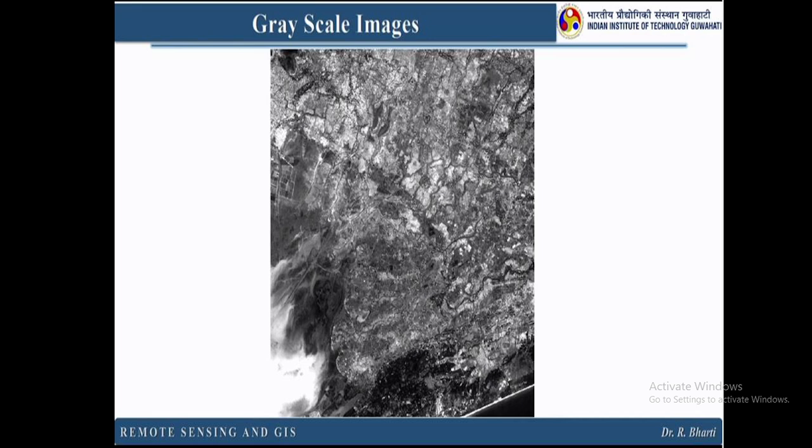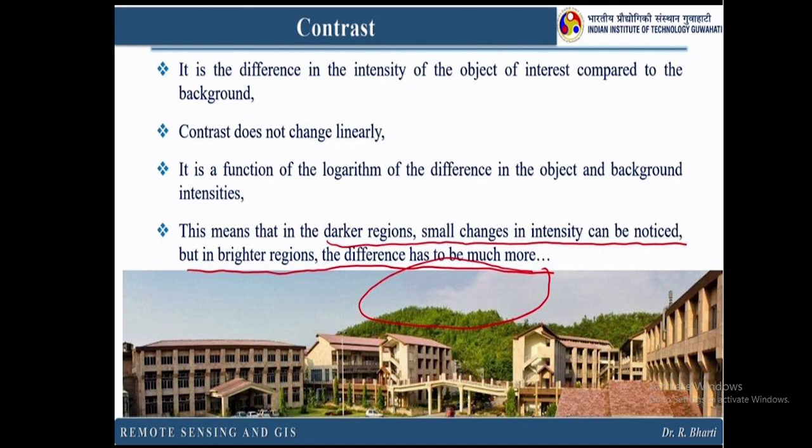Then we move forward to contrast. Contrast means the difference in the intensity of the object of interest compared to the background. So for contrast we have to know about the object and the background.